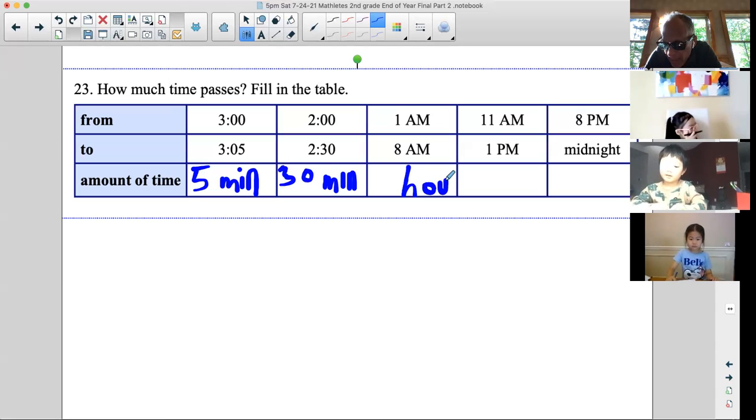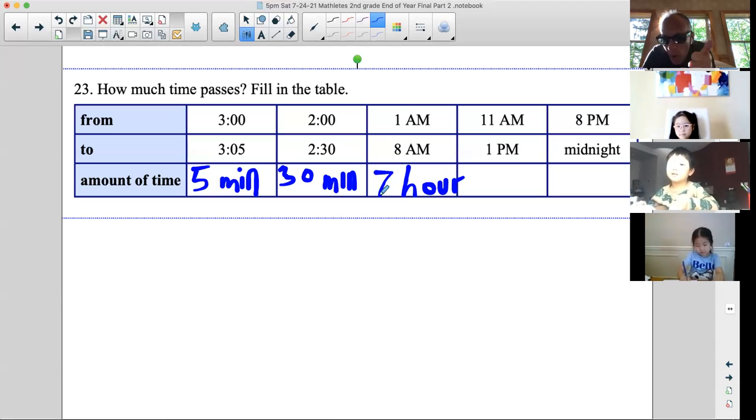Don't say it out loud yet. Think about it. 1 a.m. to 8 a.m., which is really 8 minus 1. On 3, 1, 2, 3, go. 7. Yes, from 1 to 8 is 7.